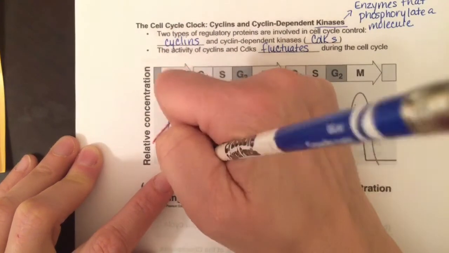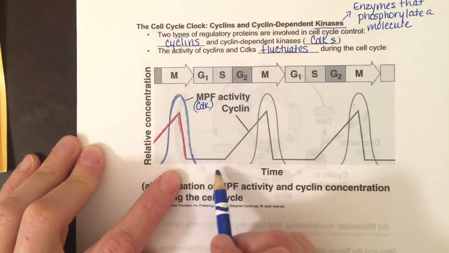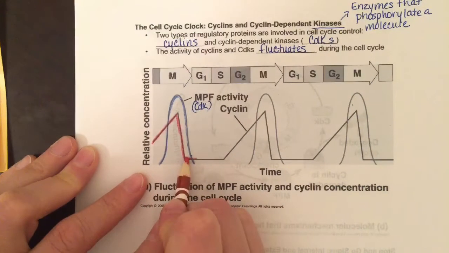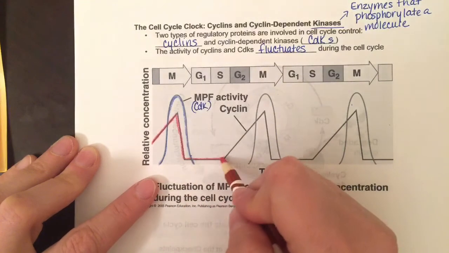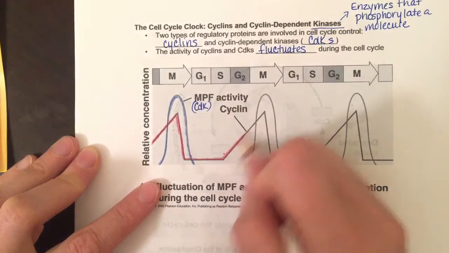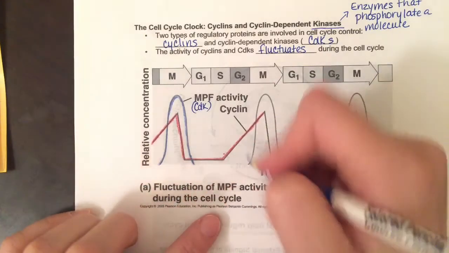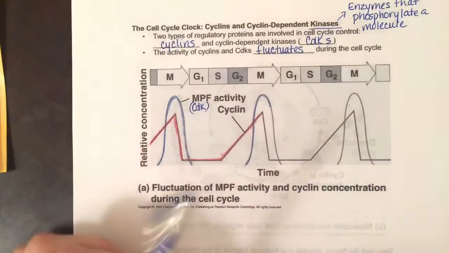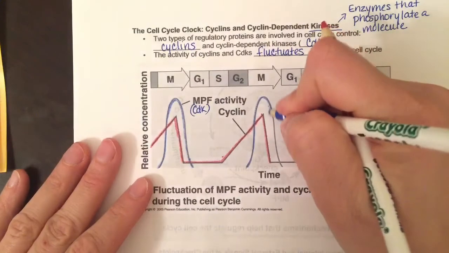MPF isn't in the cell for a while, but then the cyclin goes up. Notice it starts to go up towards the end of the S phase and progressively goes up, and then the MPF activity follows. And then cyclin goes down, MPF goes down.